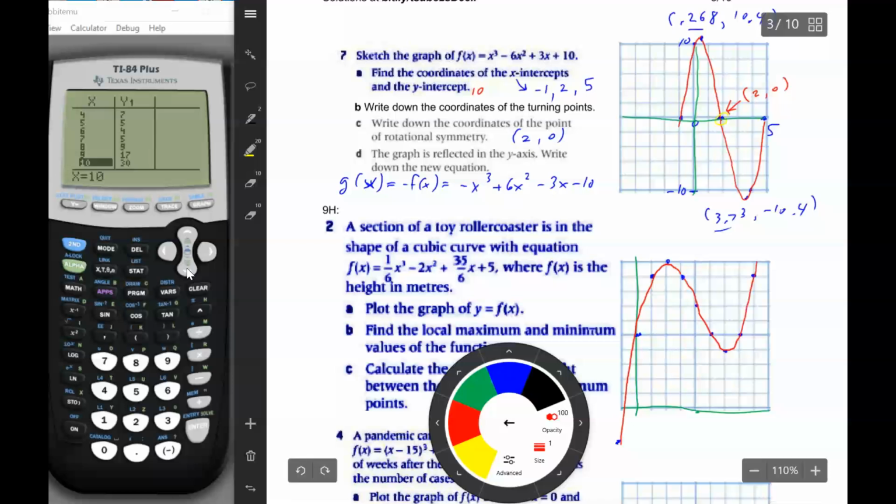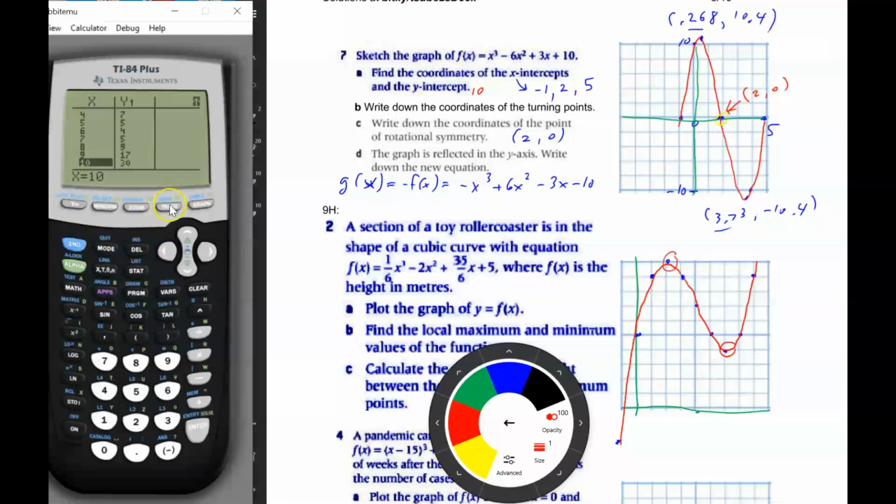Find the local maximum and minimum values of this function. So in this particular case, I believe that the maximum and minimum are here, but just to make sure, we'll do second calc maximum. Where, oops, and the right bound is over here. Oh, actually, it's not there, is it?